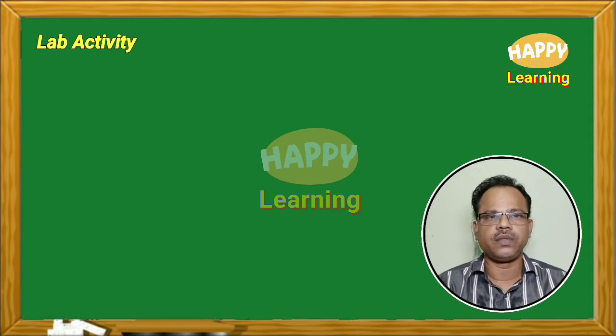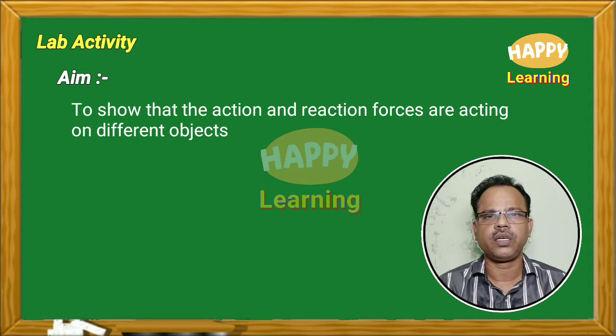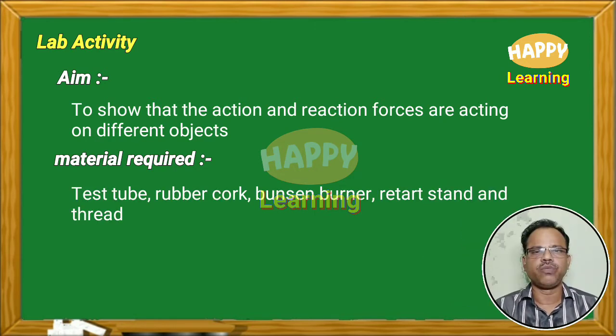Lab activity. Aim: to show that the action and reaction forces are acting on different objects. Material required: test tube, rubber cork, Bunsen burner, retort stand and thread.